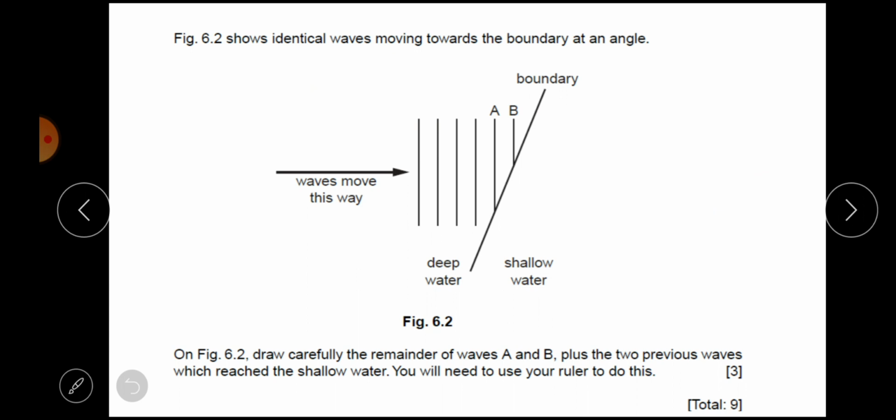What happens here is that it is entering shallow water and it is going to bend towards the normal. So if this is the wavelength, here it is going to bend towards the normal, something like this.